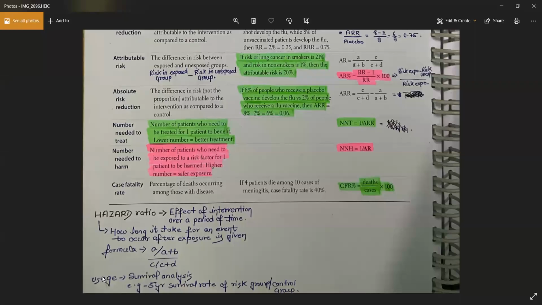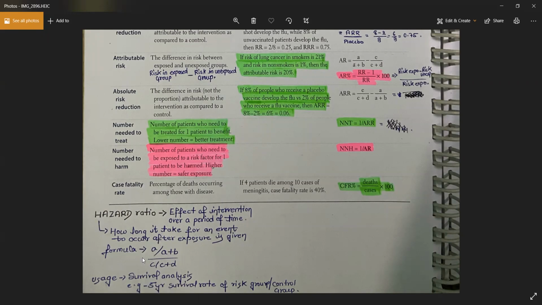For example, the 5-year survival rate of a risk or a control group. So this 5-year term is given by the hazard ratio. It will just tell you how long it will take to develop the outcome once the exposure is given, and the formula is the same as that of the relative risk.